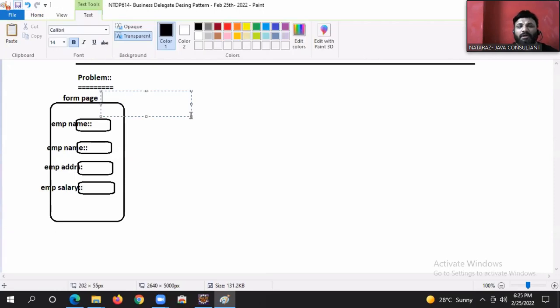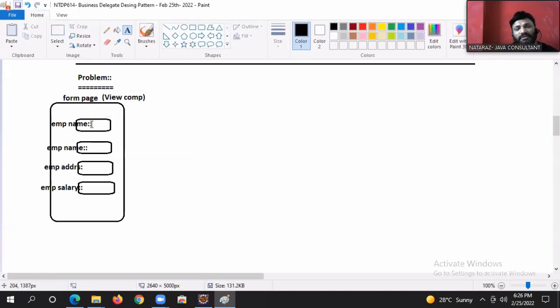This is the view component. Now, first one, employee number, we don't take. Why, you know? Tell me. In any application, we try to generate employee number dynamically, right? Employee number will be generated dynamically.